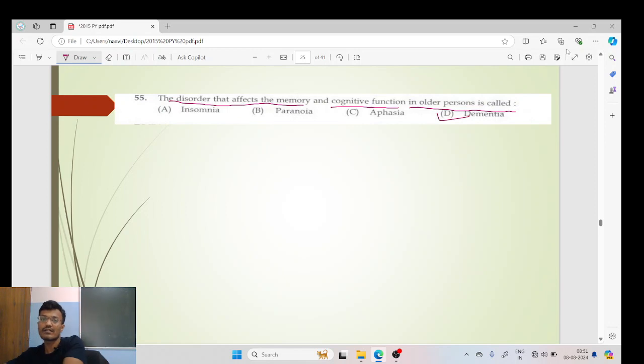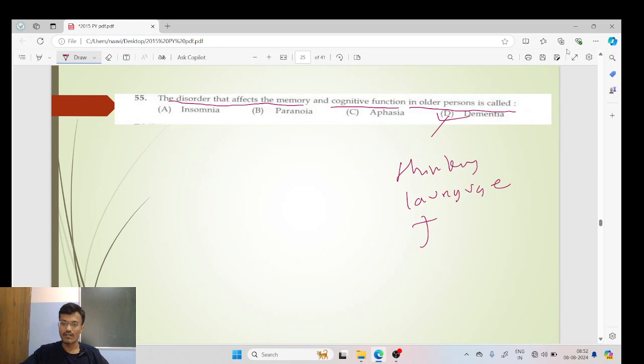Dementia affects thinking, causes language problems, difficulty in judgment, and behavioral problems. Okay, so it is not a specific effect. These are the various kinds of symptoms in someone who has dementia.